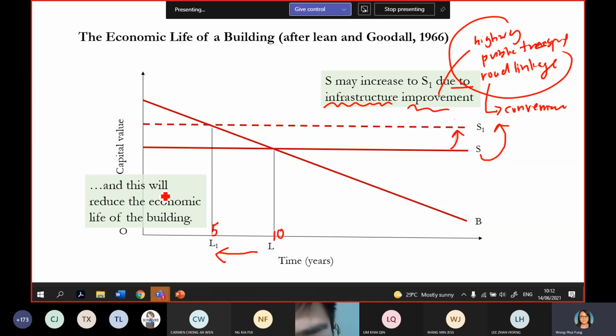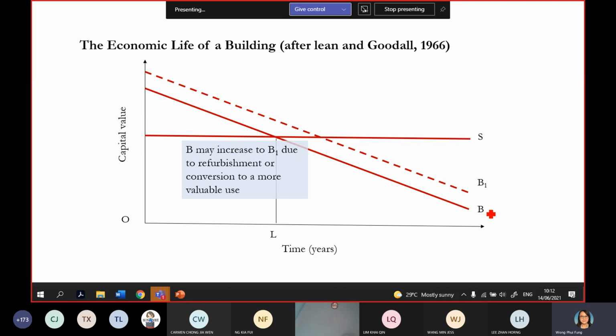So eventually, this starts to reduce the economic life of the building due to the infrastructure improvement. From originally 10 years, with better infrastructure improvement it shortens the economic life of the building to 5 years, as you can see in this graph. Okay.